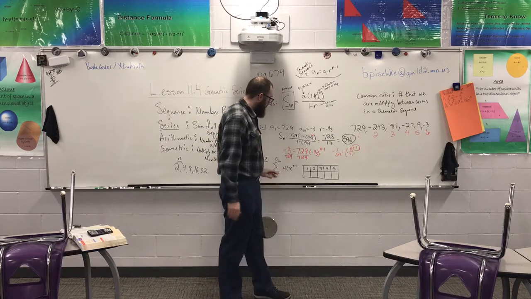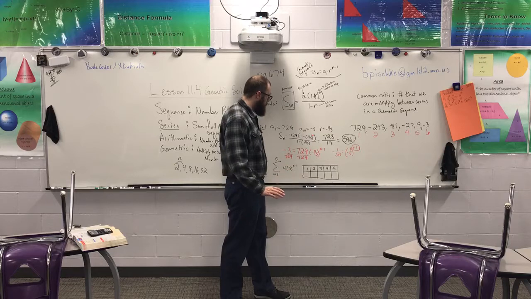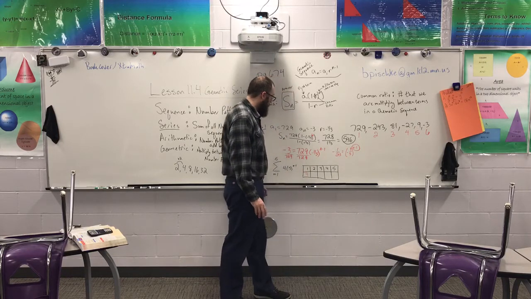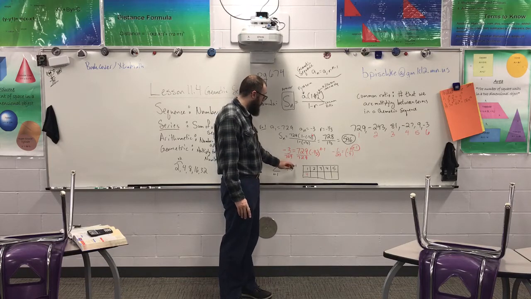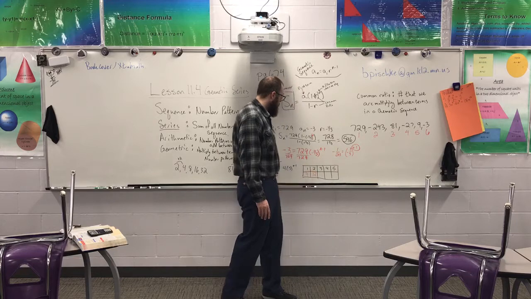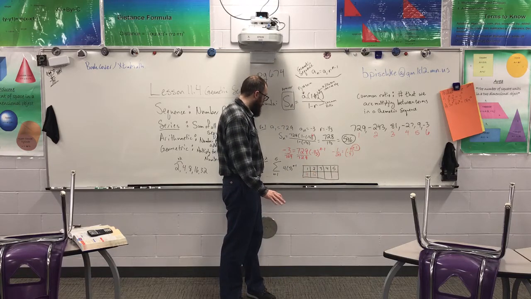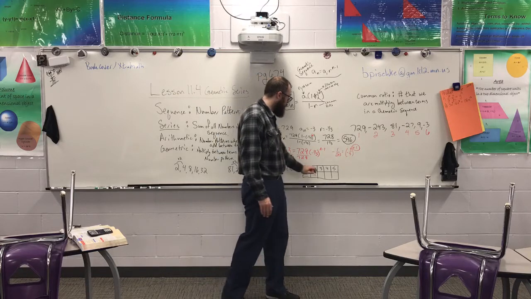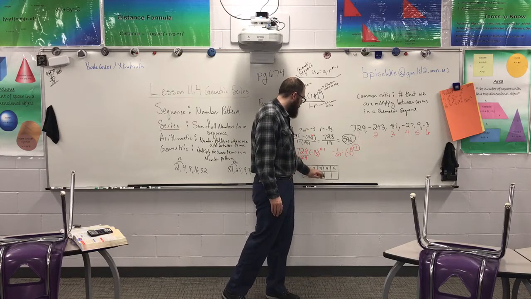Now, I plug in 1, I have 3 to the 0, anything to the 0 is 1, times 4 is 4. I plug in 2, I have 3 to the first, 3 times 4 is 12. I plug in 3, 3 minus 1 is 2, 3 squared is 9, 9 times 4 is 36.